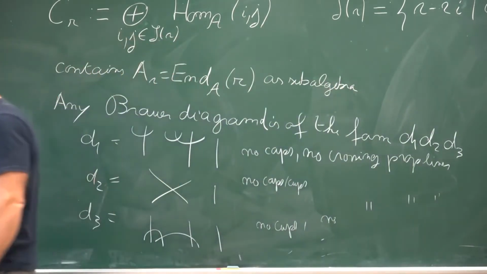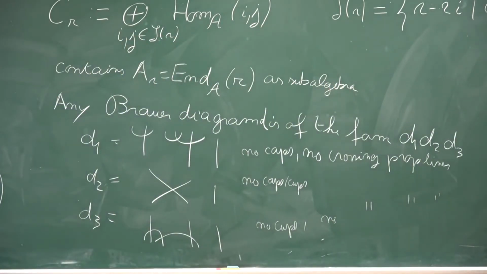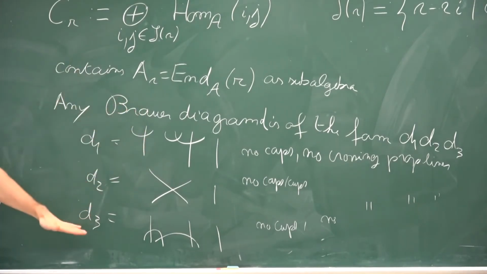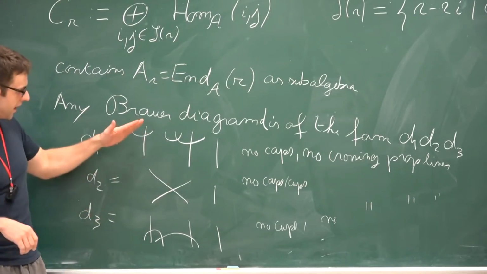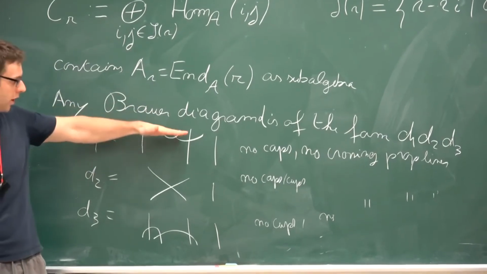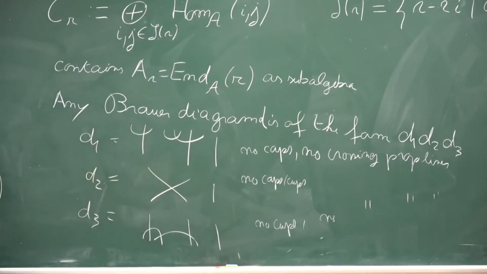This statement is something for which the diagram calculus is very nice, because you don't need to worry about signs. Any diagram I can tear apart in this way. I just put all the cups, then all the crossings and all the caps.